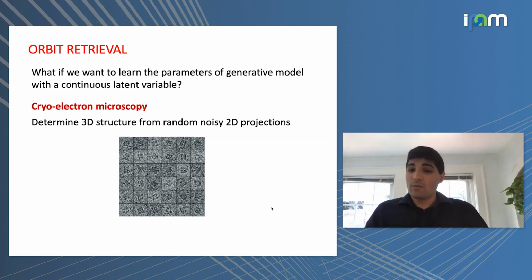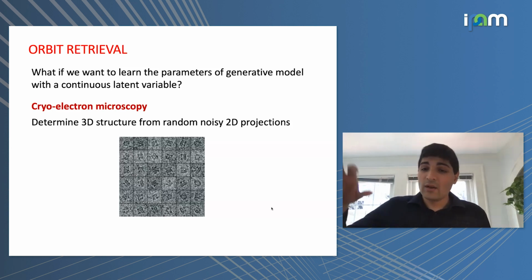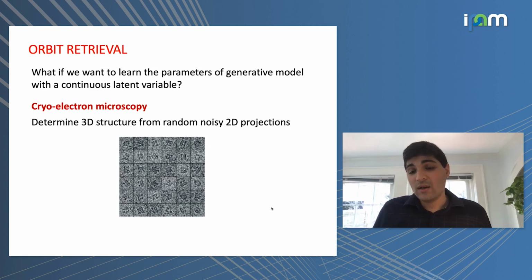And what you can do is you can prepare something that has a lot of copies of this molecule, and you get noisy 2D projections of the 3D image. But the big catch is that you don't know the orientation of the different projections. So now you're trying to learn from noisy data, but your latent variable is not only continuous, it's really coming from a non-abelian group because it's SO3.